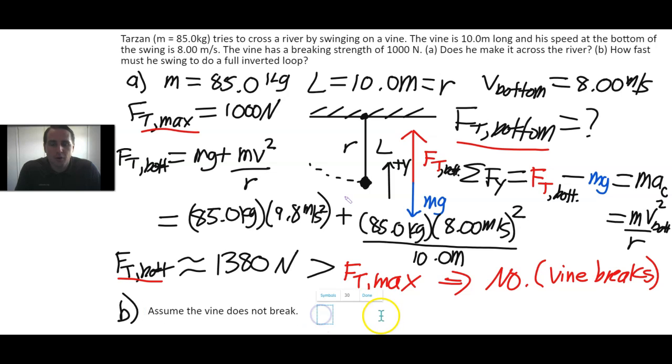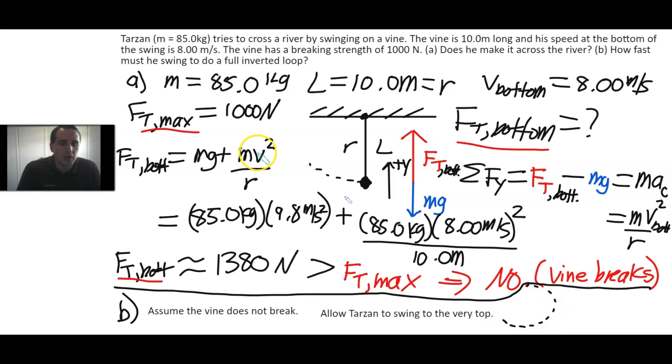Also, we're going to allow Tarzan to swing to the very top. A little sketch will give us something like this. Instead of swinging just here, he's going to go all the way barely to the top.